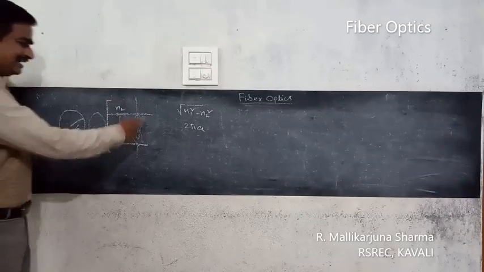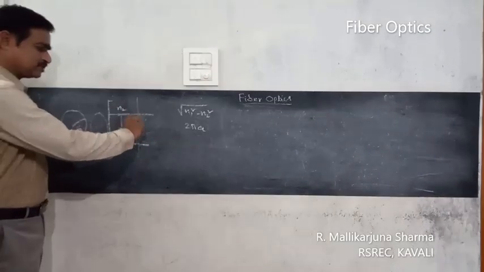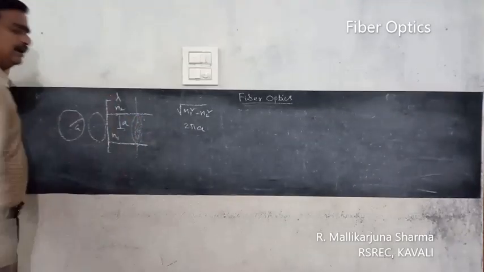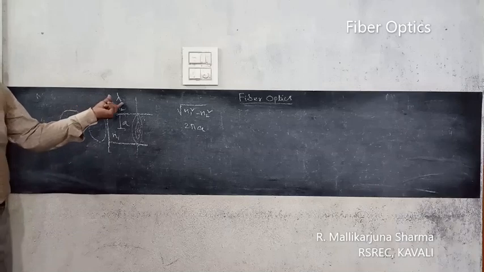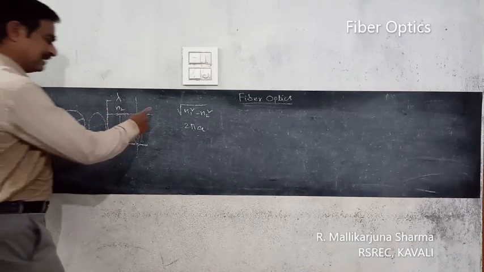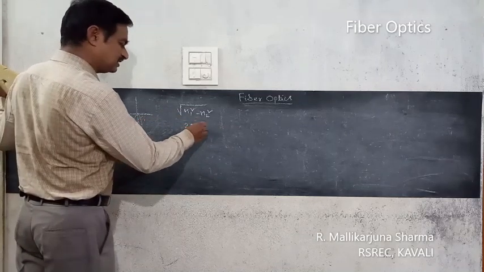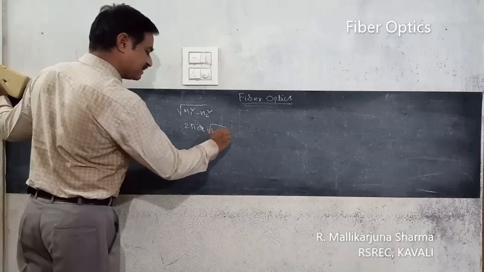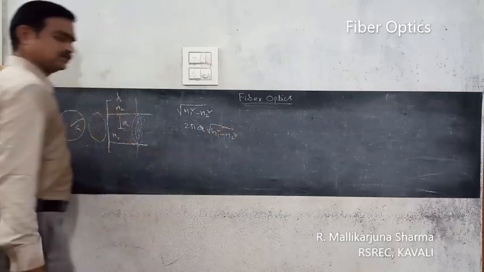All the light rays which are having these types of structures, which are integral multiples of the wavelength of propagation lambda, are going to be propagated. That is, the effective path distance is 2 pi a into root of n1 square minus n2 square.